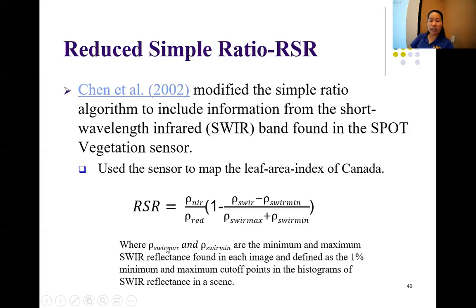The SWIR max and SWIR min are the minimum and maximum shortwave infrared reflectance found in each image, defined as the 1% minimum and maximum cutoff points in the histogram of the shortwave infrared band.